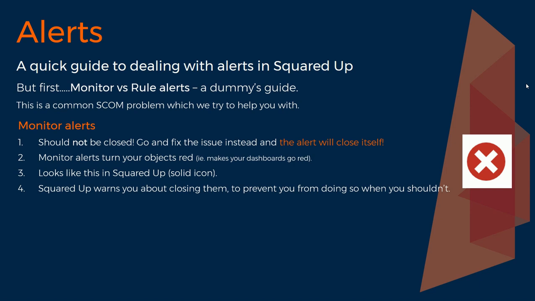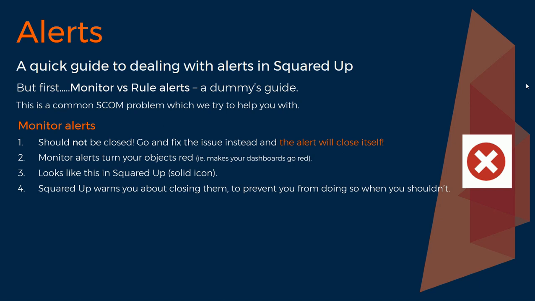So there's a big problem of people not really understanding the distinctions between monitor and rule alerts, closing monitor alerts when they shouldn't, and of course the issue hasn't gone away. You've partially just lost visibility of what the issue is. So again, to emphasize that very clearly, monitor alerts really shouldn't be closed. Go fix the issue, the alert will close itself.